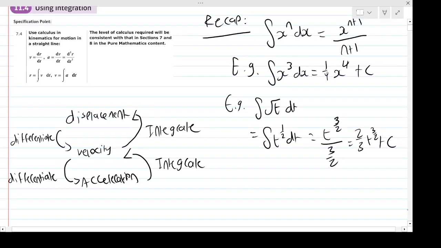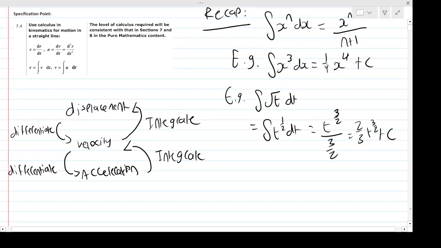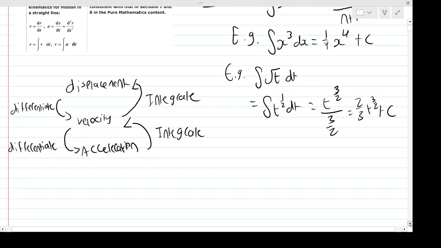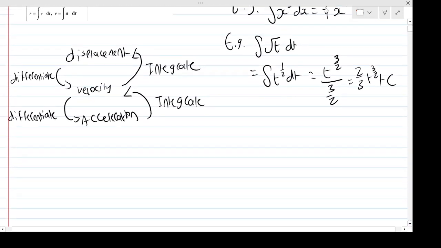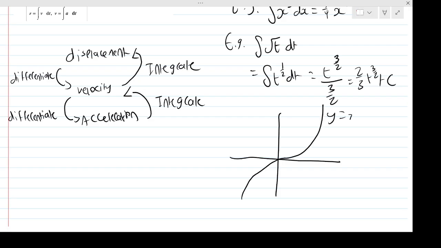Hopefully that should be familiar, how we can integrate powers in this way. Now I also need to be comfortable with areas under curves. We'll be using that as well. So for example, if I have the graph y is x cubed, something vaguely like that, let's say we have x is 1 here, and then x is minus 1 on the other side.